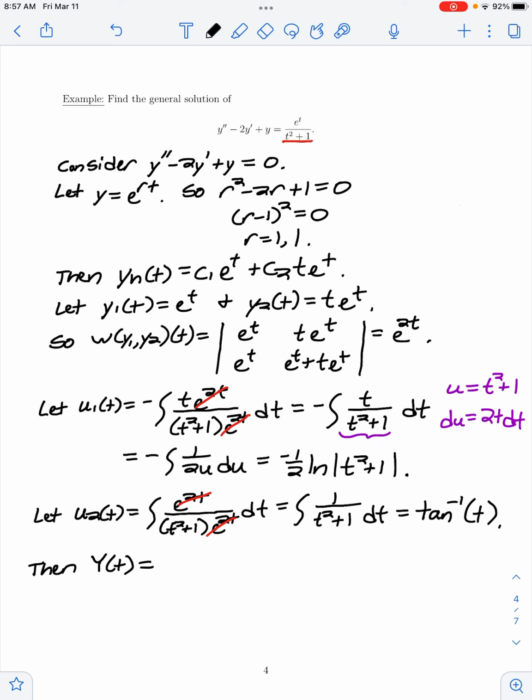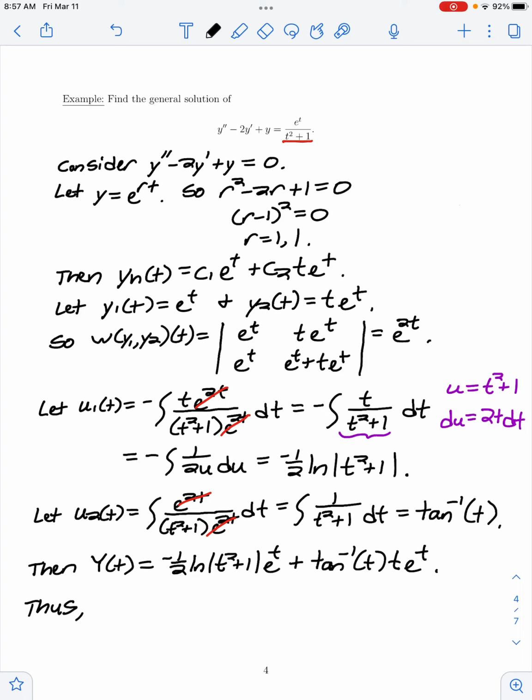So once I have u1 and u2, I have my particular solution, which is given by u1, which was negative 1/2 natural log of t squared plus 1, times y1, which was e to the t, plus u2, which was arctangent of t, times y2, t e to the t.